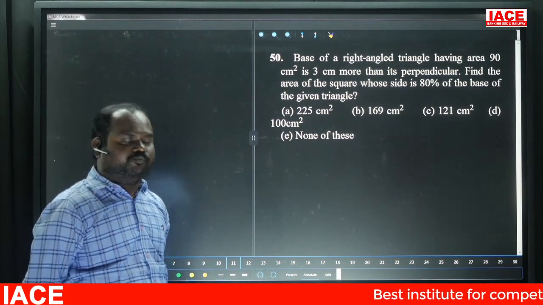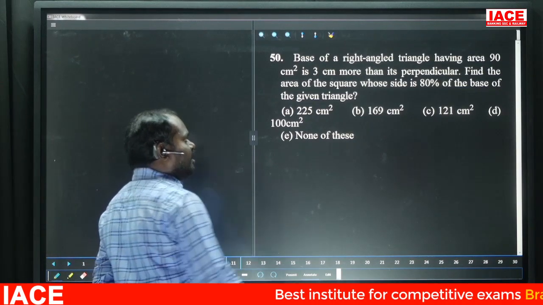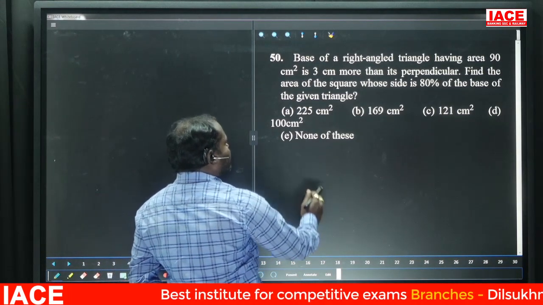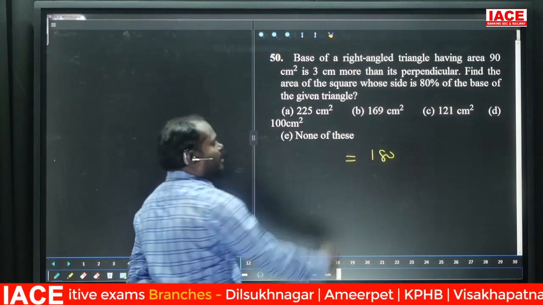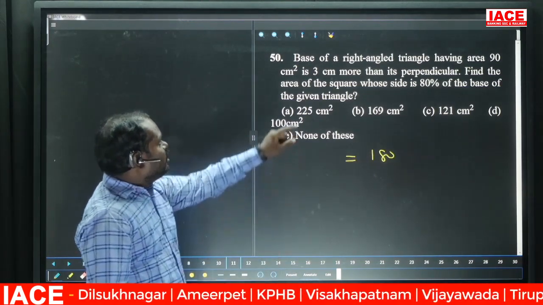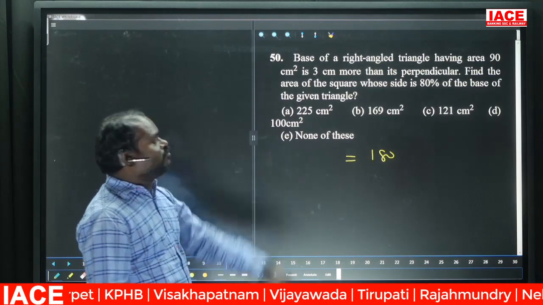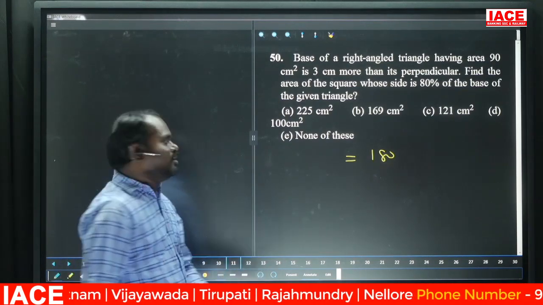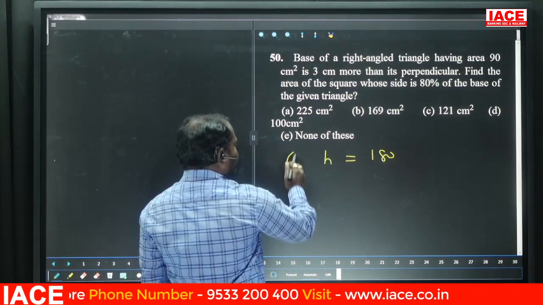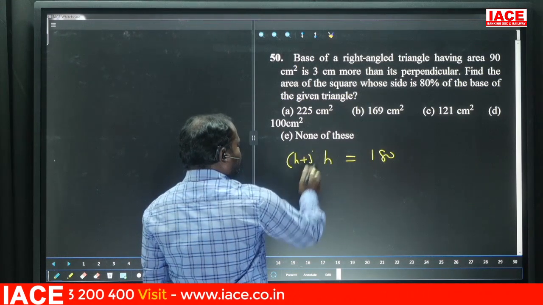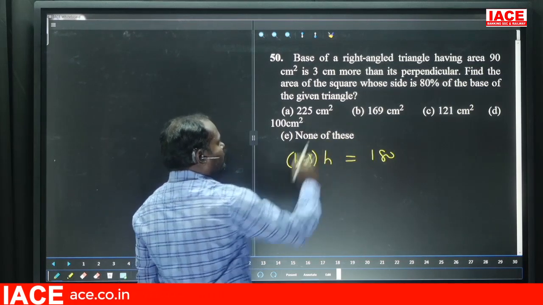So half into base into height equals 90. That means B into H equals 90 into 2, 180. Given that base is 3 centimeters more than the perpendicular. For example, if height is H, base will be H plus 3. Base into height equals 180.